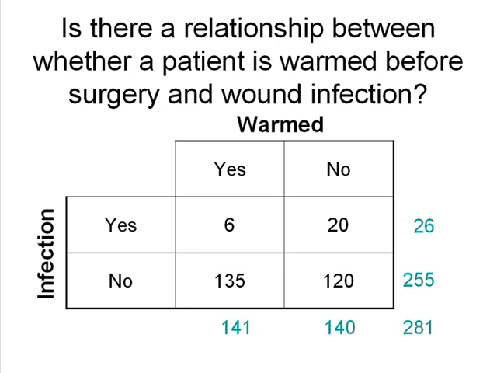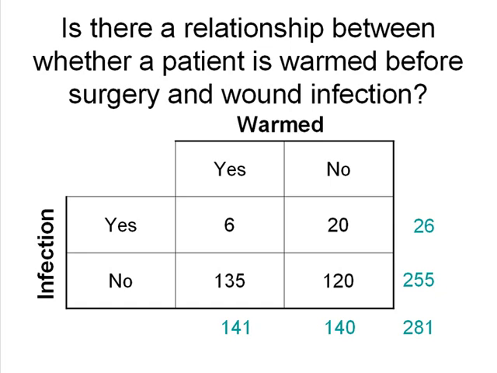There were a total of 140 patients who were not warmed. 20 developed an infection, and 120 did not. We could look at this a different way. There were a total of 26 patients that developed infections. 6 of those were warmed, but 20 of them were from the non-warmed group.